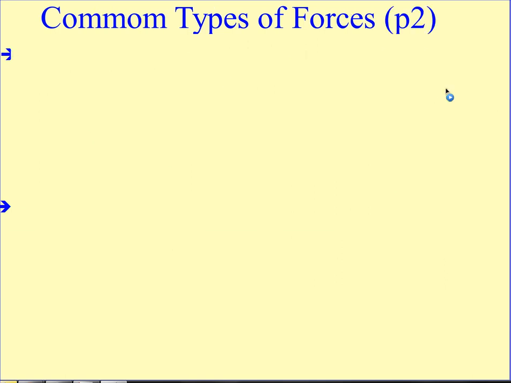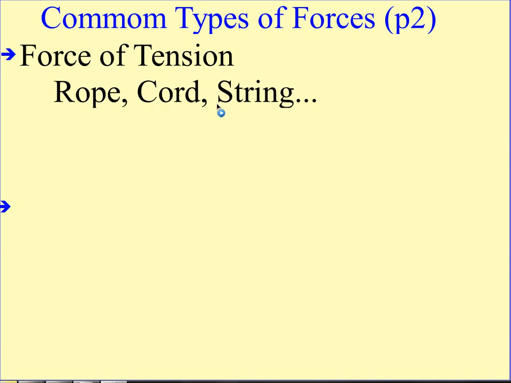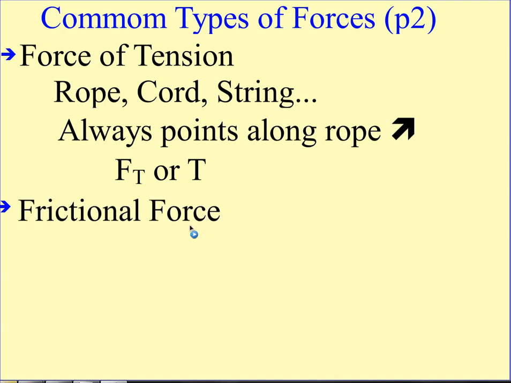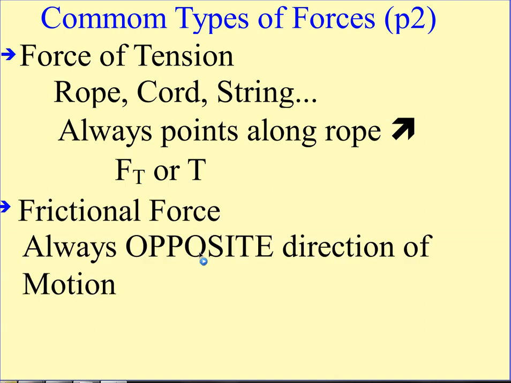More forces we deal with. What about ropes, cords, strings? Whenever you have a rope, cord, string, the force is going to act along that rope, cord, or string. We often use Ft or just T. Doesn't matter which way you write it. And then there's frictional force. The frictional force always opposes motion.